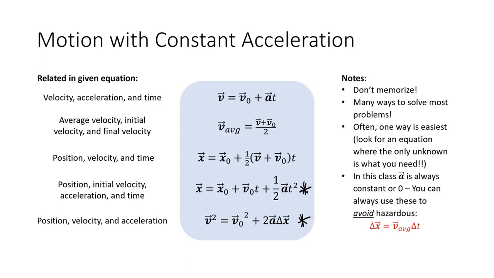So we don't have to worry about, is this my average velocity? Is it not my average velocity? So we don't want to use that equation, delta x equals v average times delta t, unless you're really sure that the velocity that you've been given is the average velocity. Instead, you could use one of my 2 starred equations here, and that should lead you on the right path towards finding your displacement.